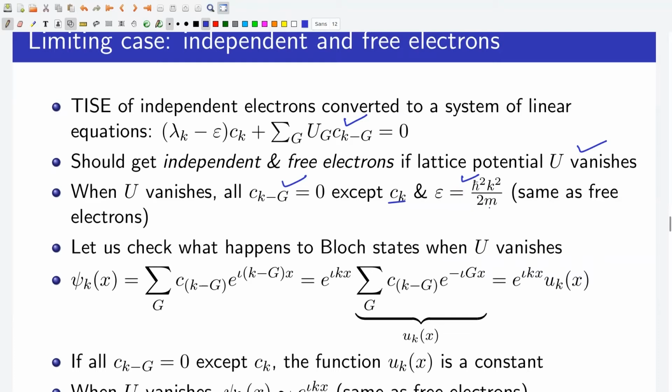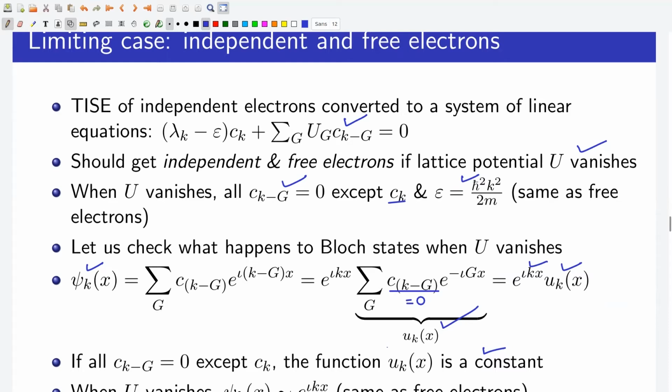Let us also check whether Bloch states are converted to free electron eigenfunctions when U vanishes. We know that the Bloch state psi_k of x is e power ikx times u_k of x, where u_k of x is given by this sum. If all c_(k minus G) equal 0 except c_k, the function u_k of x is a constant. Note that any constant function also has the periodicity of the lattice, so Bloch's theorem is still valid from a mathematical point of view.